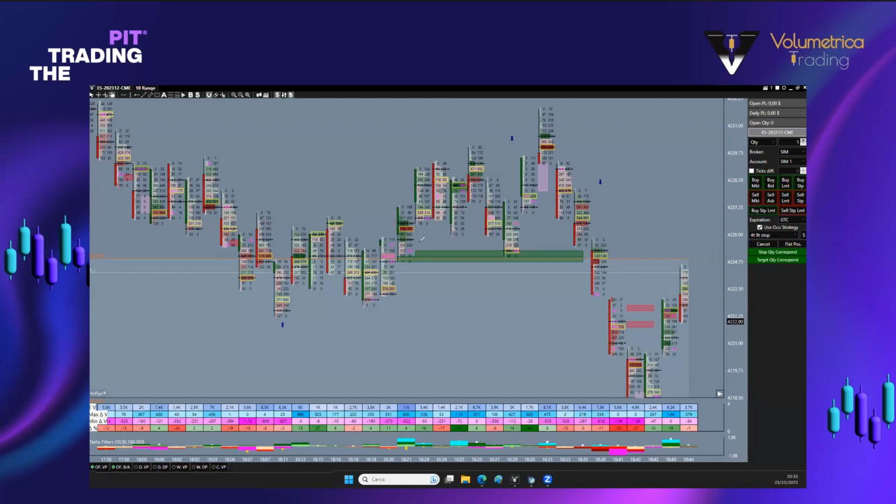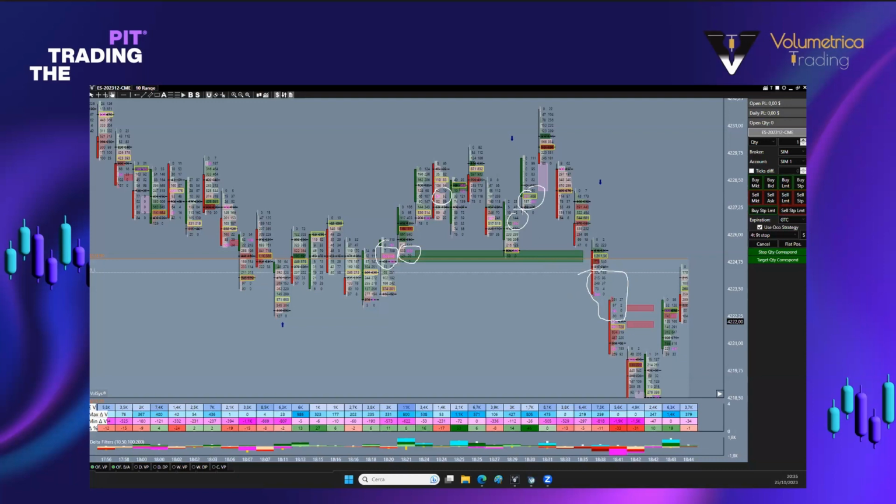You can notice that wherever we have imbalances, in whatever area in the footprint you can spot imbalances on both sides, you don't really have that much volume traded.